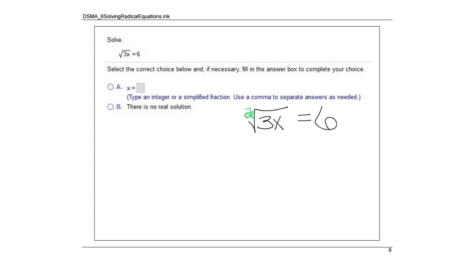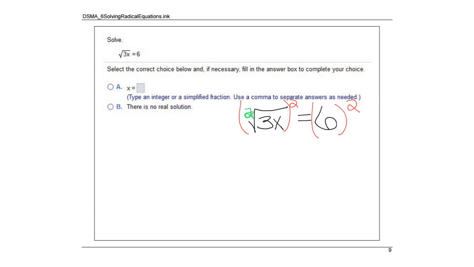If you do not see an index, it's a 2. And so I can get rid of the radical by squaring this side of the equal sign. However, remember with equations, whatever we do on one side, we have to also do on the other side. So I also have to square on this side.